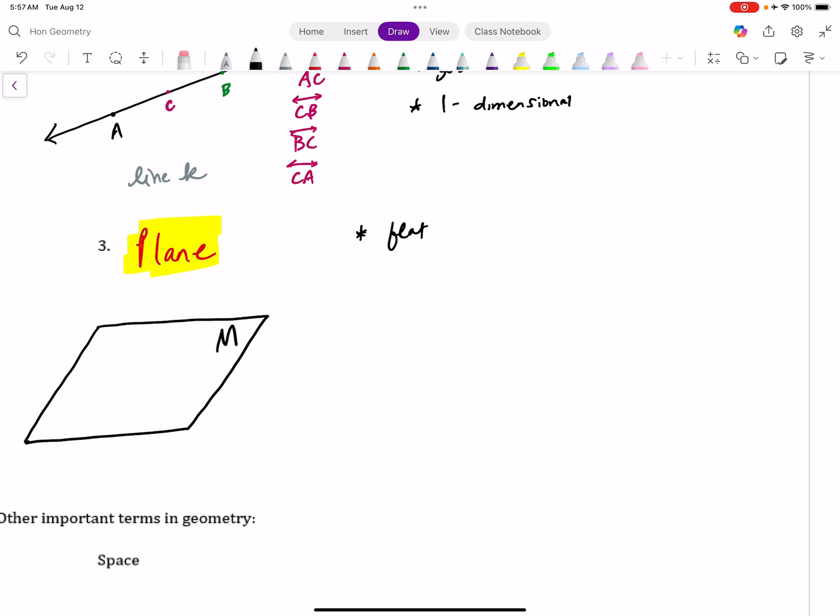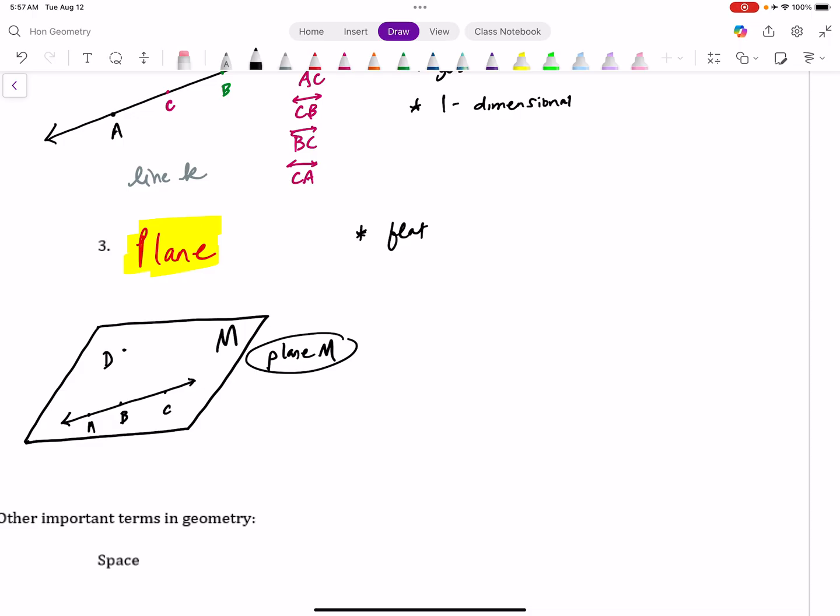So we could call this plane M. Let's say you put a line on here, and we're going to throw some points on it. Let's say this is point A, this is point B, this is point C, and way over here is point D. All right, so this is the most common way to name the plane.